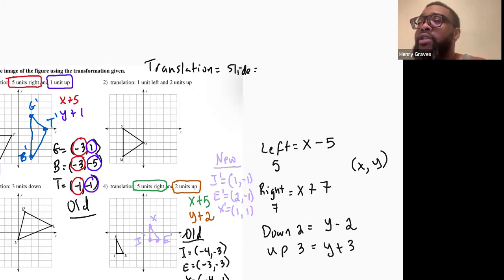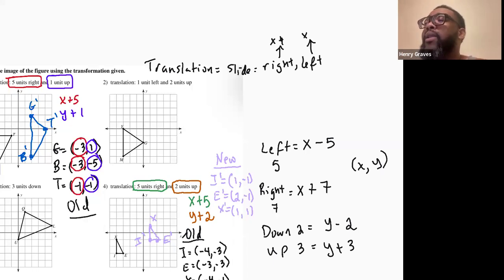Remember, for slide, it's going right. So if it's right, it's going to be X plus. If it's left, it's going to be X minus. Up, Y plus. Down, Y minus. There we go.